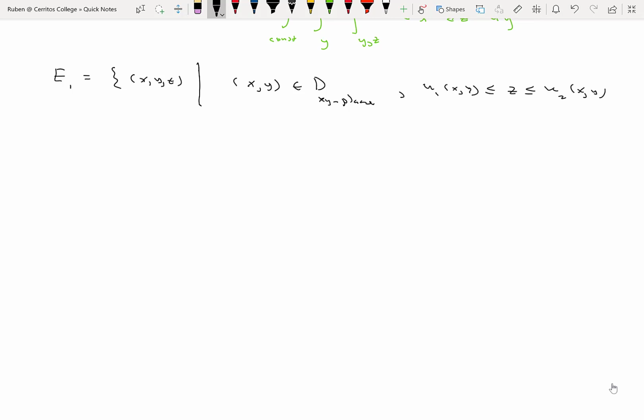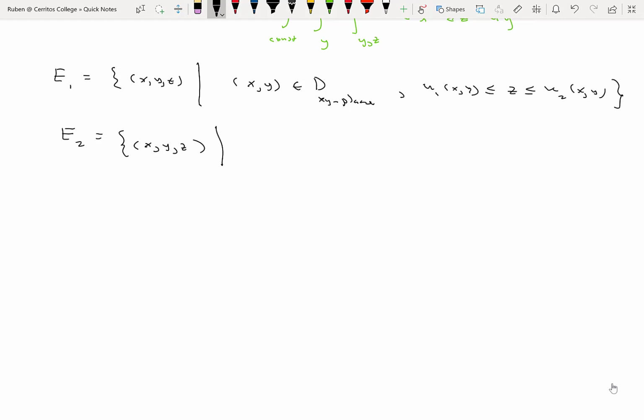The type 2 region is the most difficult one for me, because the type 2 region doesn't have a function on top and bottom. It has a surface in front and in back, and it's very difficult for me to draw surfaces that are in the x direction. Nonetheless, it is the type 2 region.